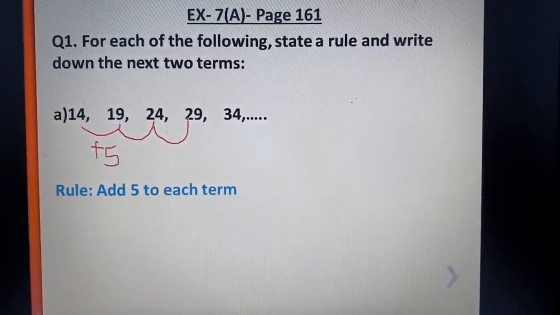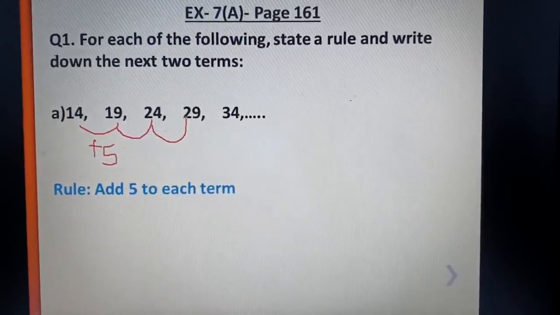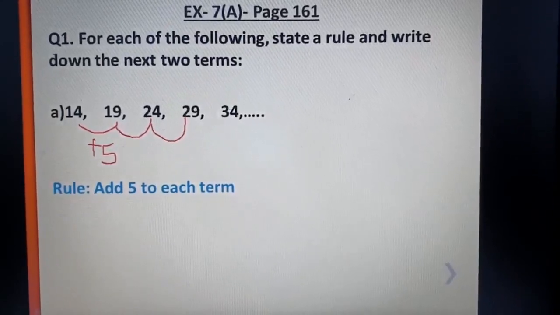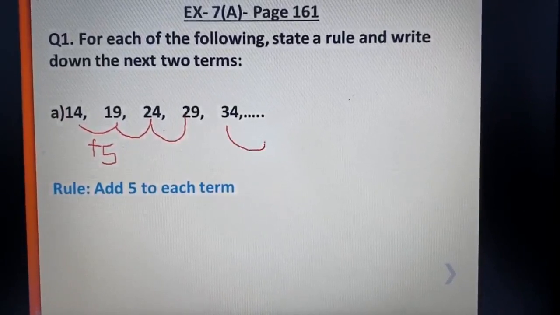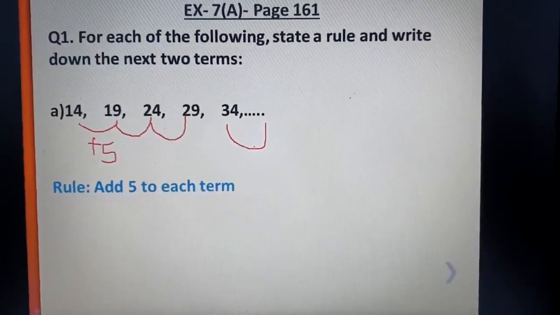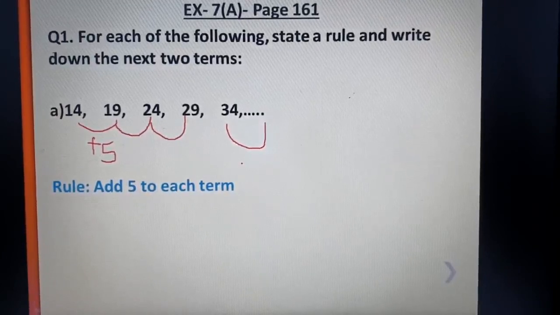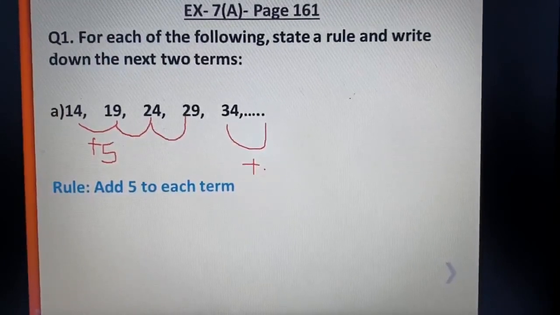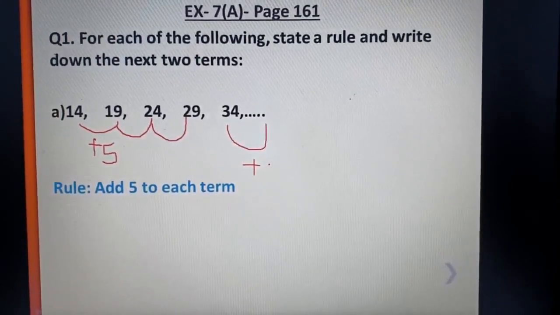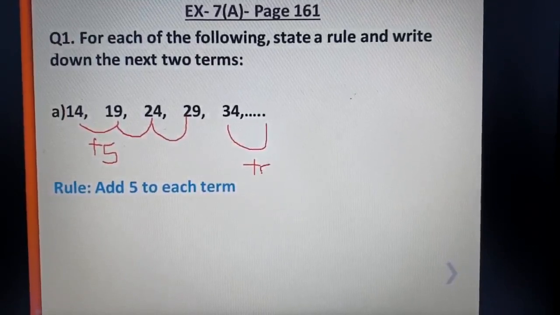Now, the question is you have to write down the next 2 terms as well. So here you can see, what is 34 plus 5? When you add 5, you will get the next term. What is it? 34 plus 5 is what? Yes, 39. And again, 39 plus 5 will give you the next term.